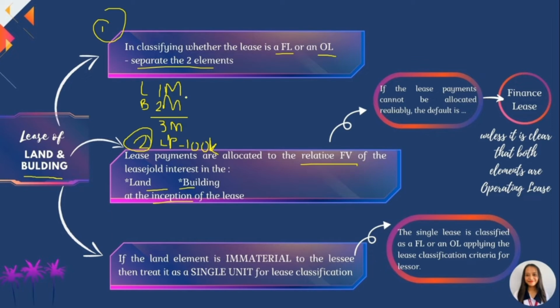So, the fair value of the land is 1 million. The fair value of the building is 2 million. A total of 3 million. So, 1 million over 3 million. So, that is 1 over 3. For the building, 2 million over 3 million. So, that is 2 over 3.